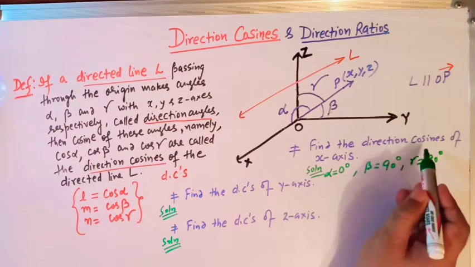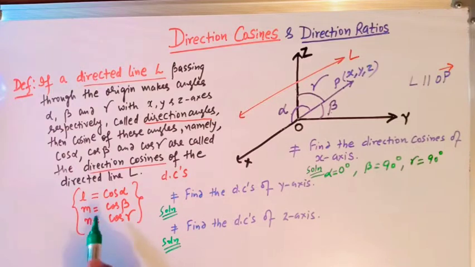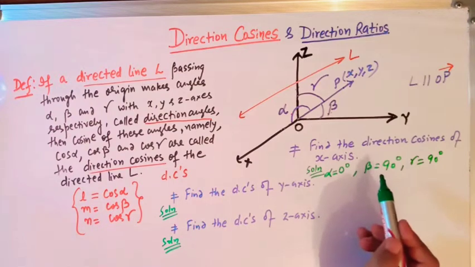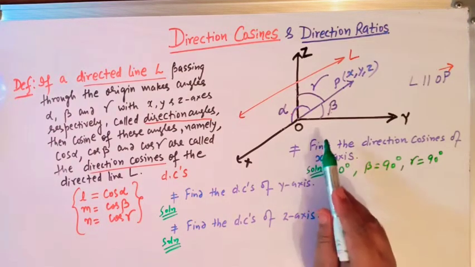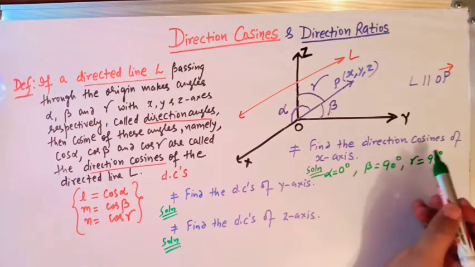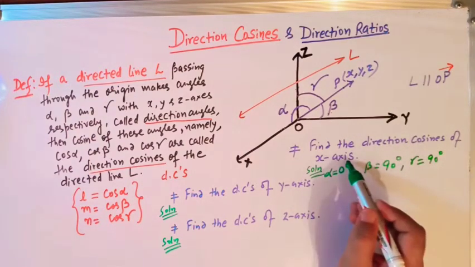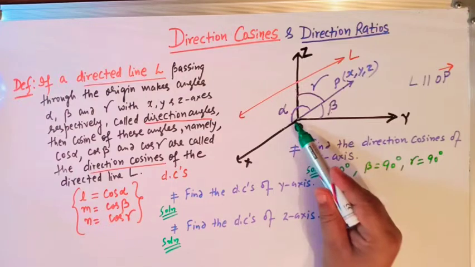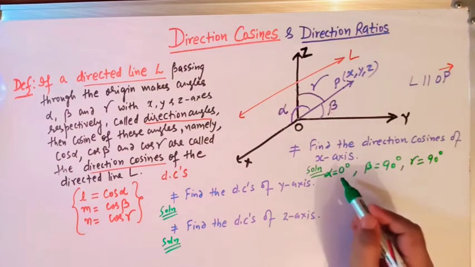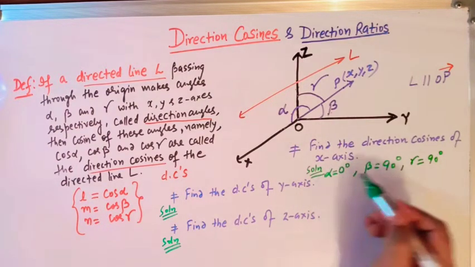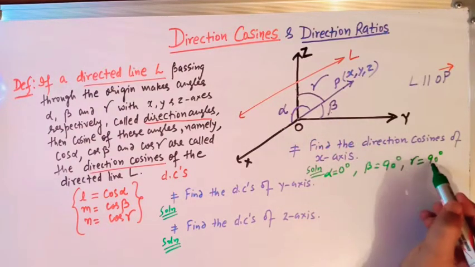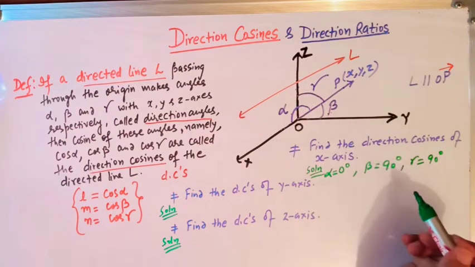So what are direction cosines? Direction cosines are the cosines of the angles made by that line with the axes, and here we have to find the direction cosines of the x-axis. So we know that the x-axis makes an angle of 0 degree with itself, 90 degree with the y-axis, and 90 degree with the z-axis, right?